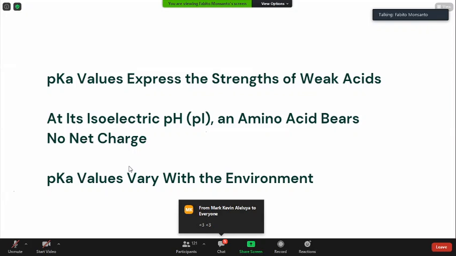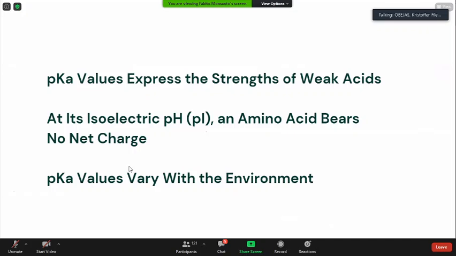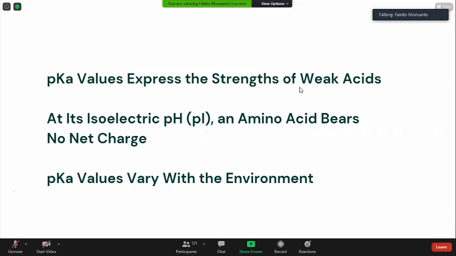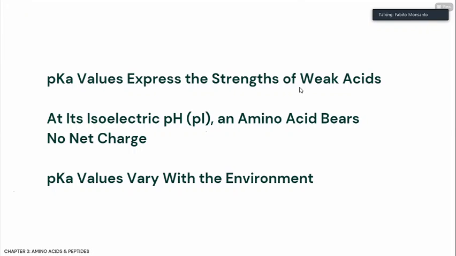Okay, pK values vary with the environment. And what is the environment here? The cell membrane. What is the environment where you have this amino acid? Whether the environment is acidic or basic. So it varies, as you have seen in the protonic equilibria of aspartic acid.